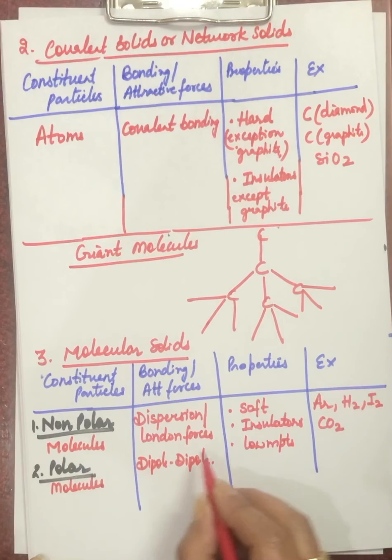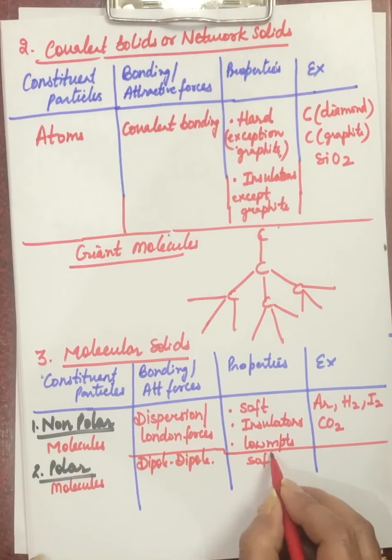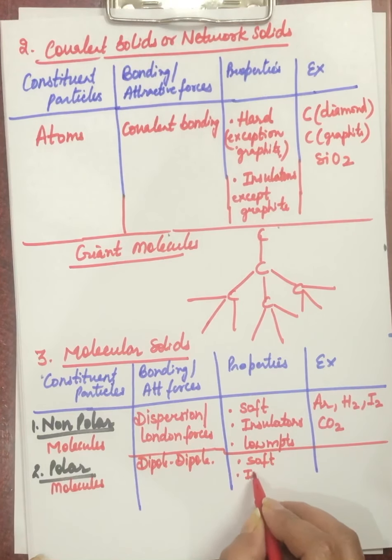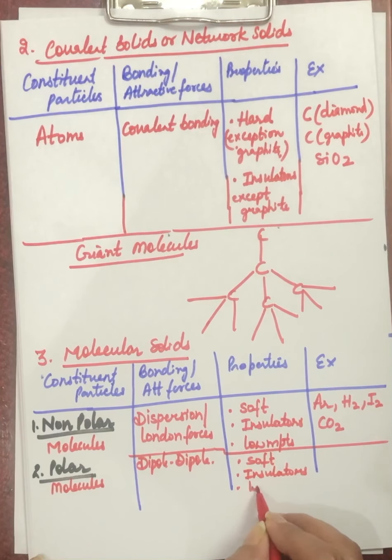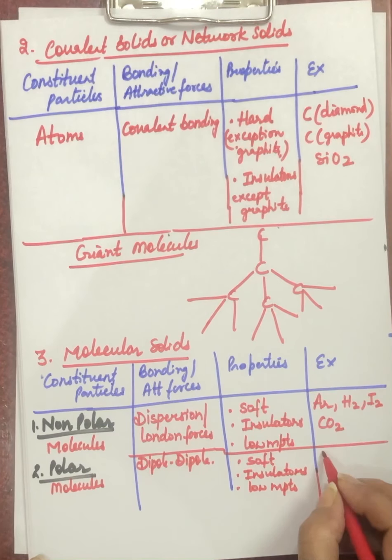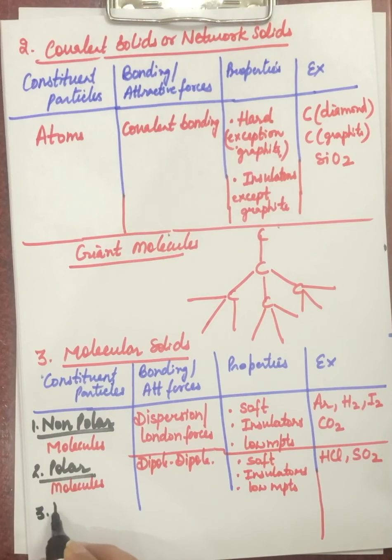So these are not very strong, that is why these also are soft. These are also insulators and they also have low melting points. Example is HCl, SO2, the polar molecular solids.